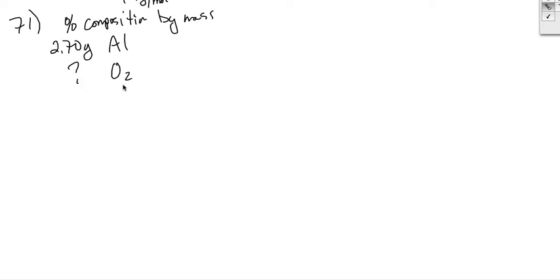Alright, we have percent composition of the compound formed when... Okay, percent composition is by mass. So if we look here, it says we've got 2.7 grams of aluminum, and it's going to combine with a certain amount of oxygen to give me what?